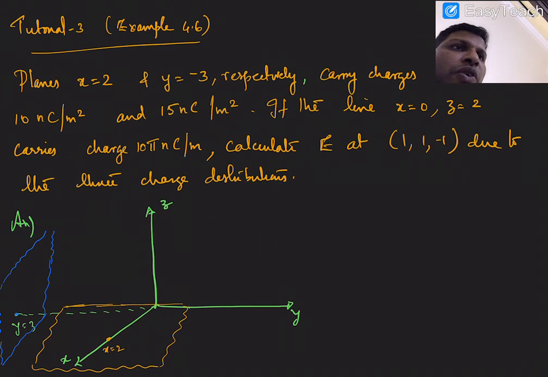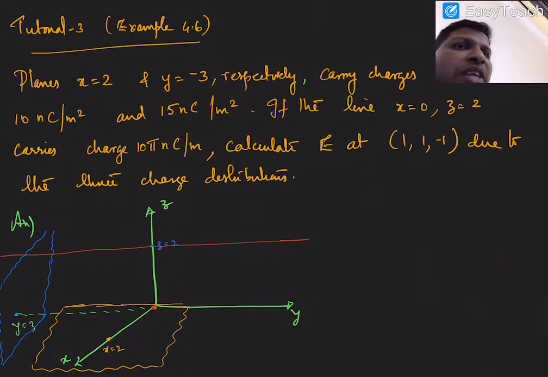Now there is also a line at x equal to 0 and z equal to 2. So x equal to 0 means y can be any value, and it is at z equal to 2. Let me check the question again. Yes, it is at z equal to 2. So this is the line charge.